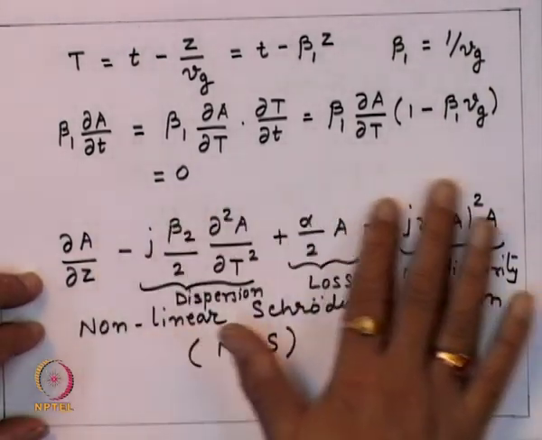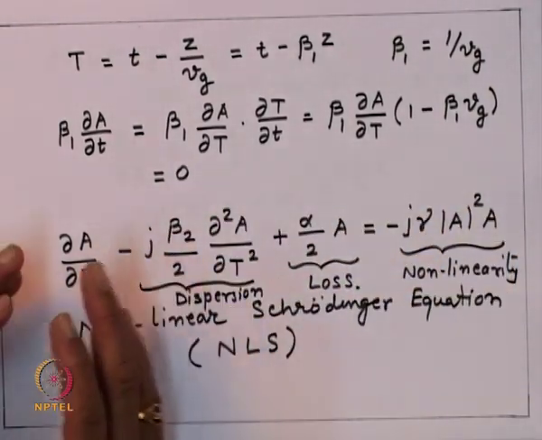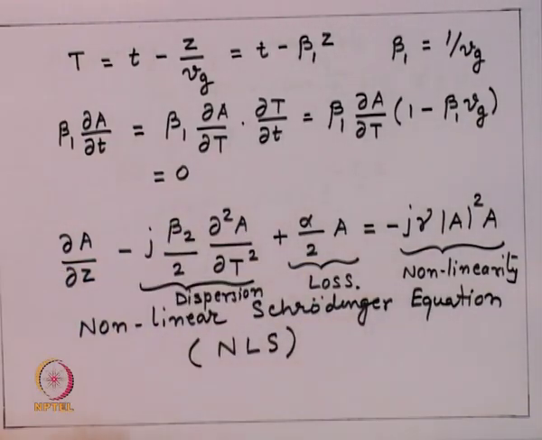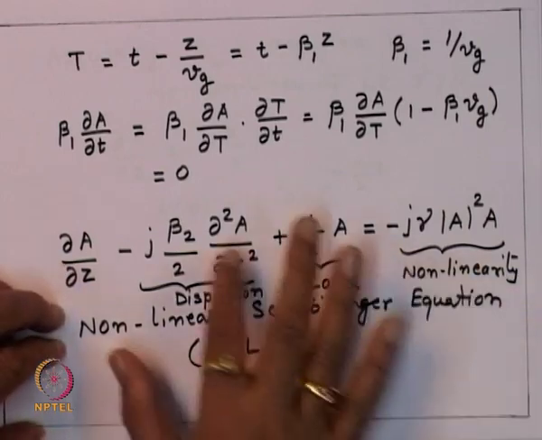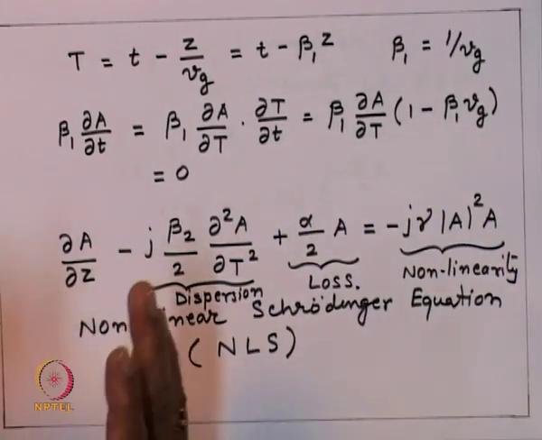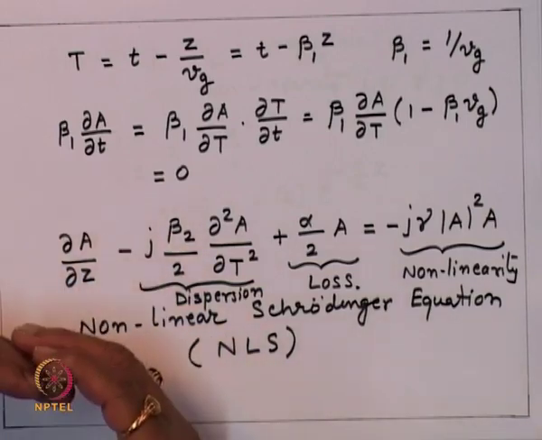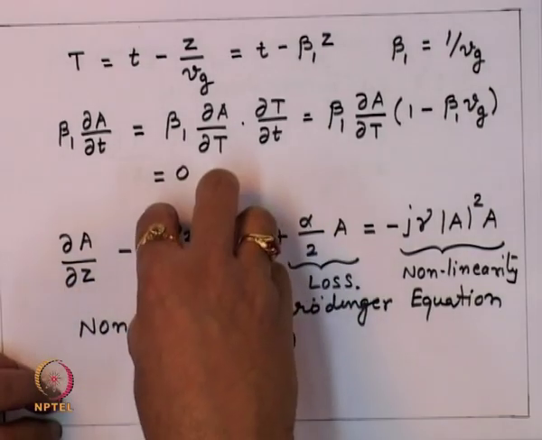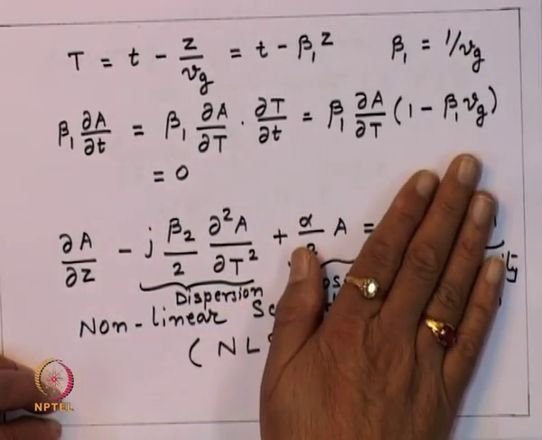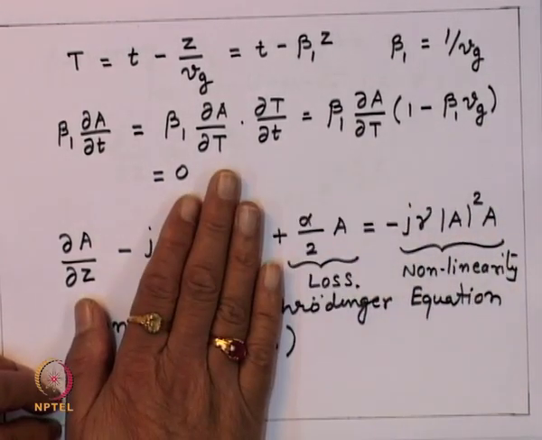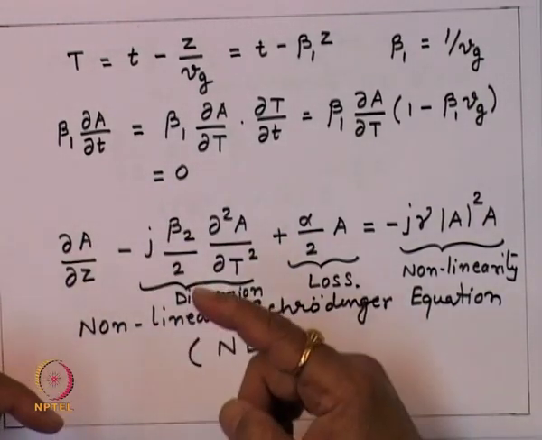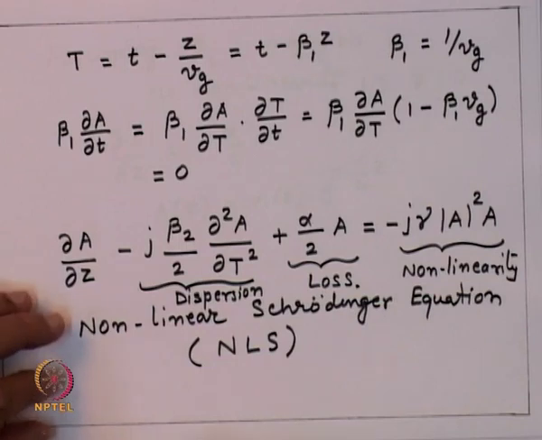So if you want to solve this equation, it has to be simultaneously solved in frequency and time. However, since both these effects are rather weak, one can assume that when the dispersion is playing a role, the nonlinearity is negligible, and when nonlinearity is playing a role, the dispersion is negligible. Considering the effect of one at a time, one can essentially understand the evolution of the pulse.